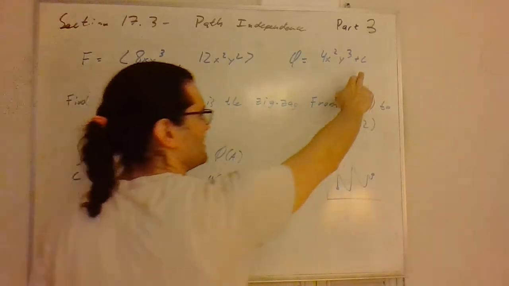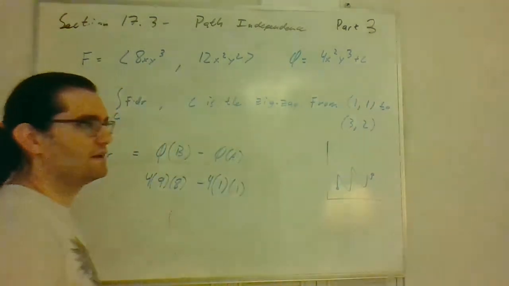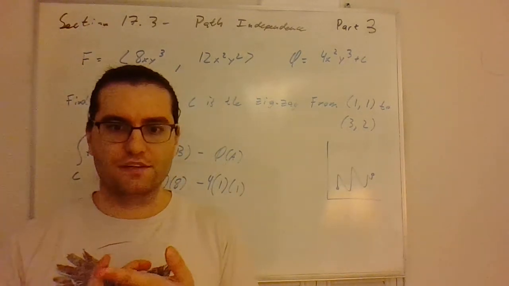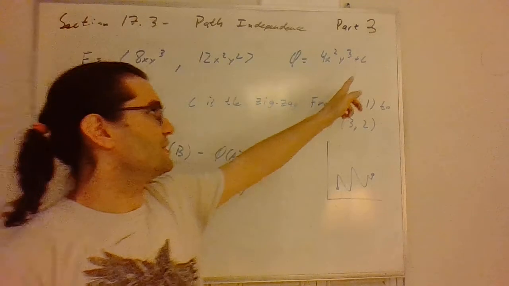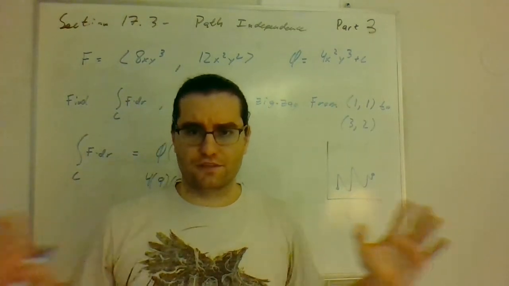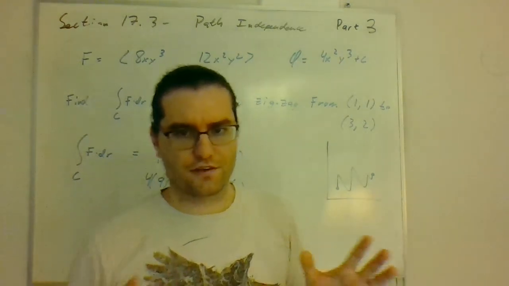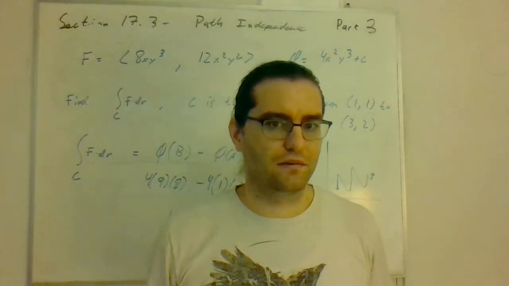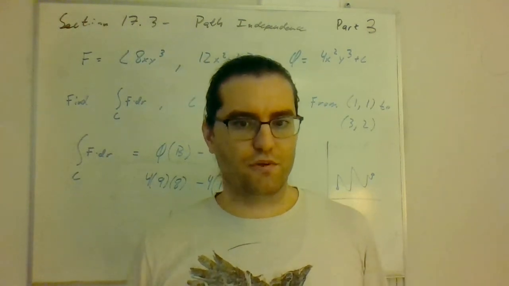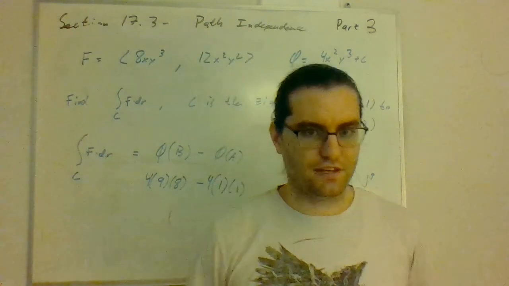That's also kind of why C doesn't matter, because just like in Calc 1, when we first started doing antiderivatives, we would say you have to include the C, there's an arbitrary constant. And then when we started to do areas, like actual integrals, areas under curves, we said the C doesn't matter. When you evaluate this integral at the start point and the end point and subtract them, that C is going to cancel itself out.